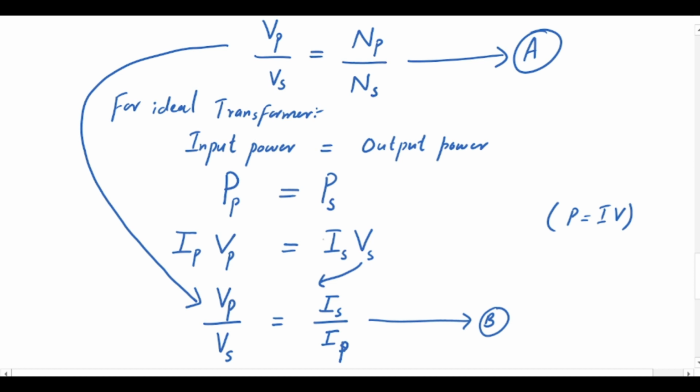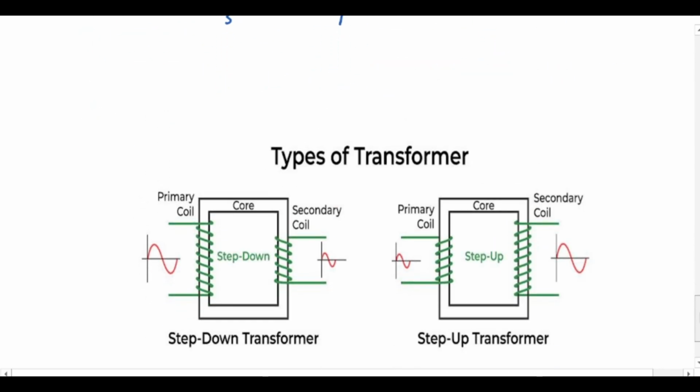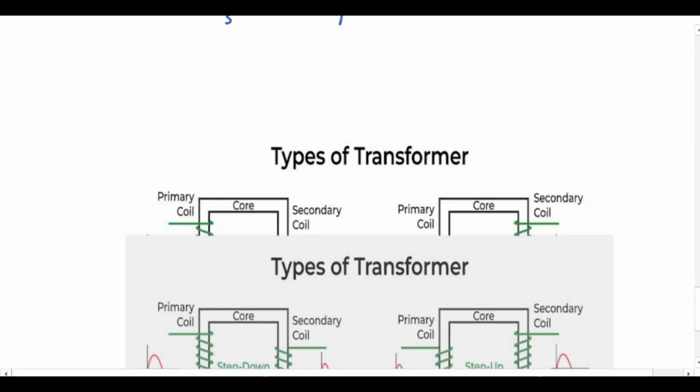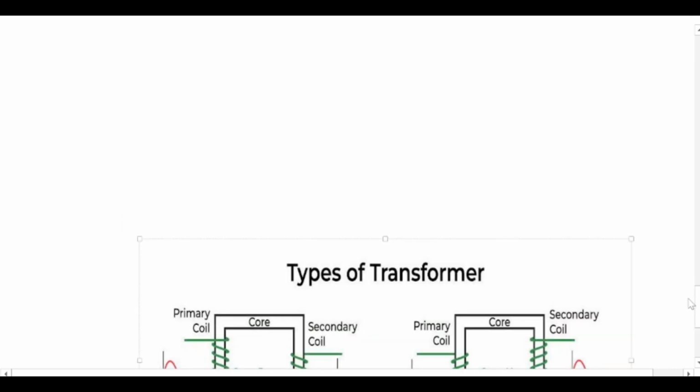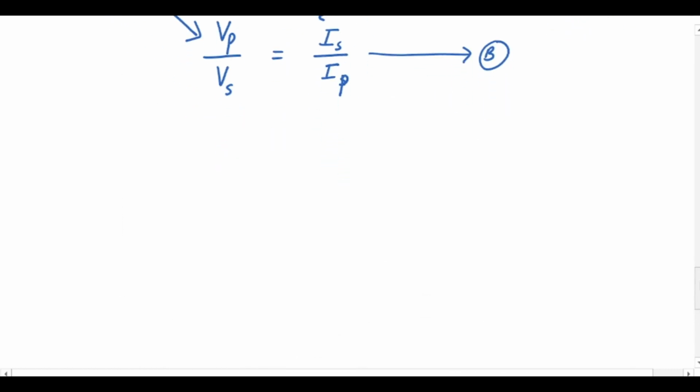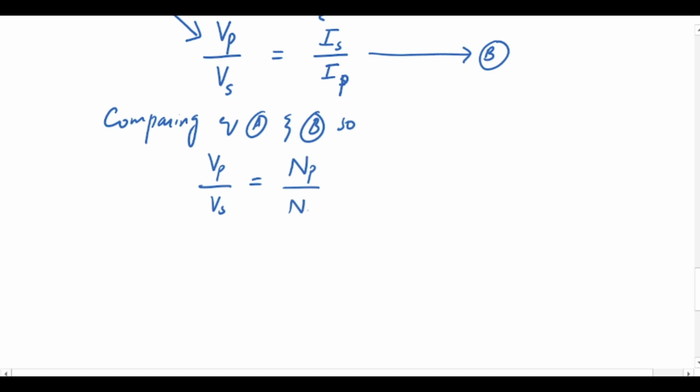So if we write the combining equation in general form, comparing equation A and B, we have VP over VS, which equals NP over NS, and it is also equal to IS over IP.